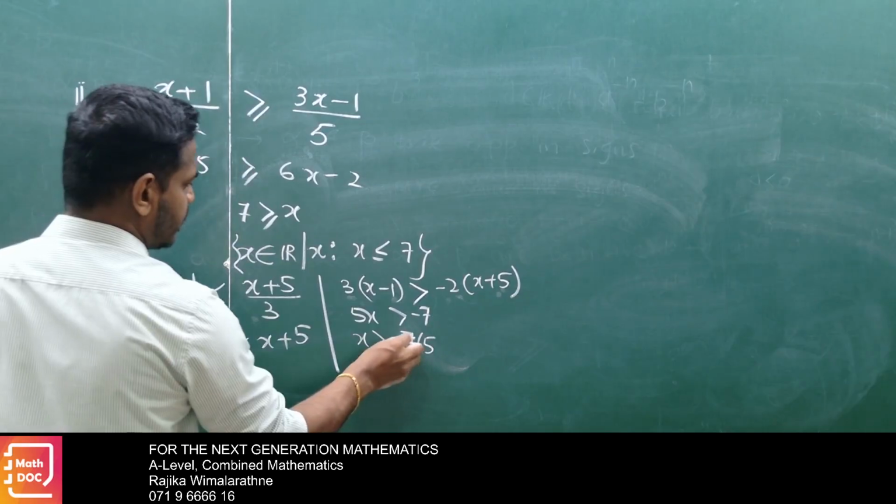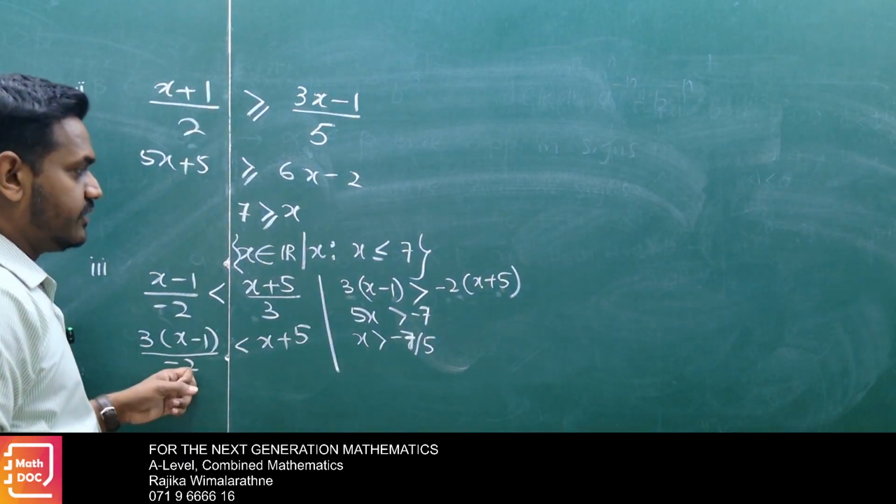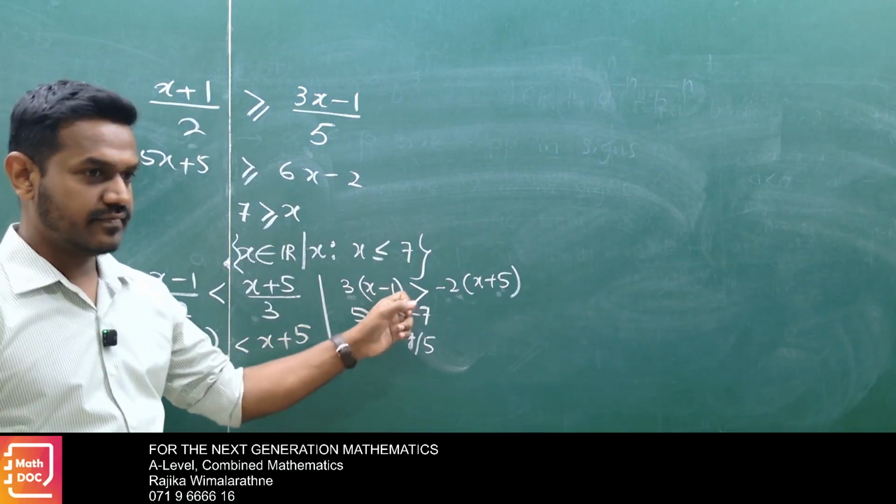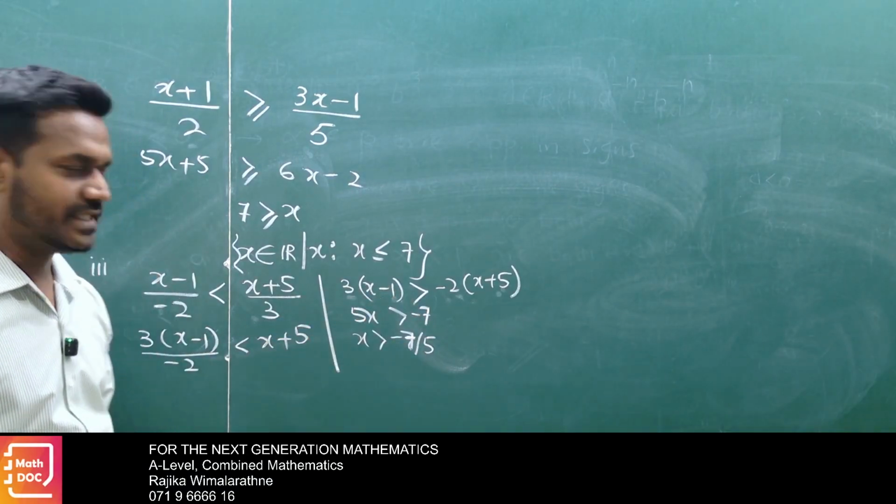So that is very important. When you multiply by a negative value, you have to reverse the sign. Here this sign we have to reverse. Okay, don't miss it.